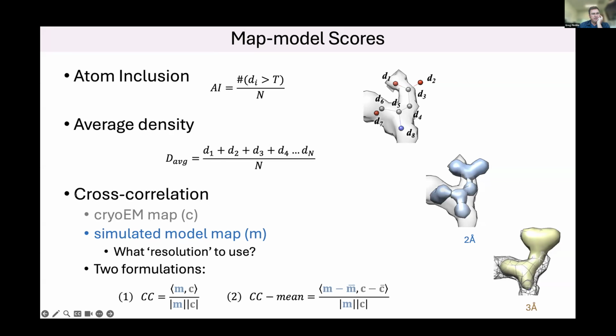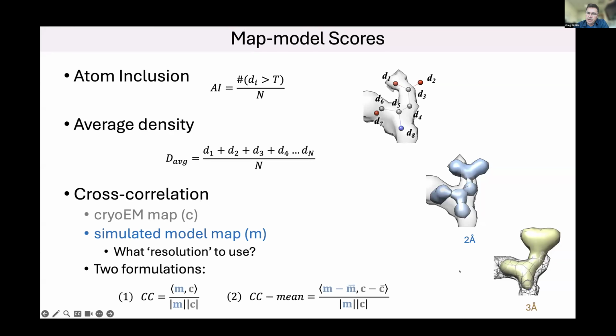Then finally, a more sophisticated version of this is that we want to calculate a cross correlation. Here we take our model and generate a density map from it. In doing this, you have to specify a resolution. What resolution do you want this model map to appear to be at?